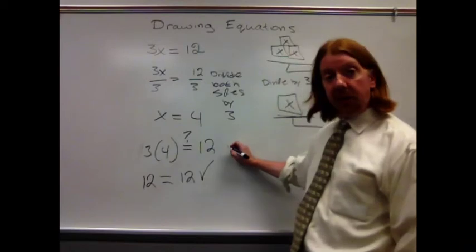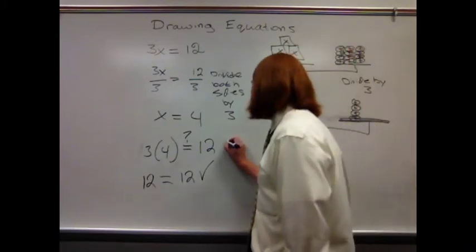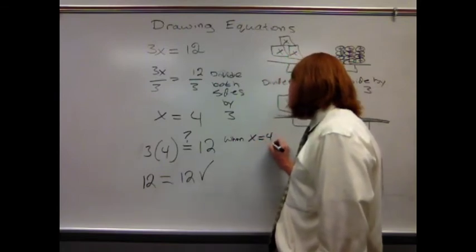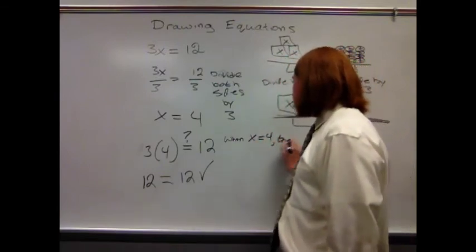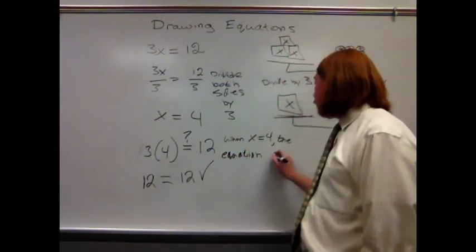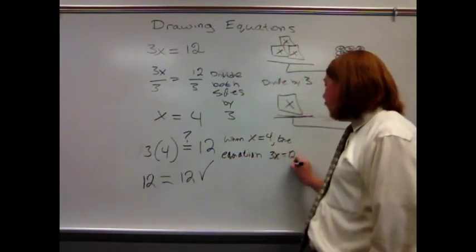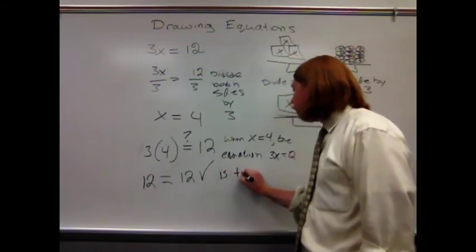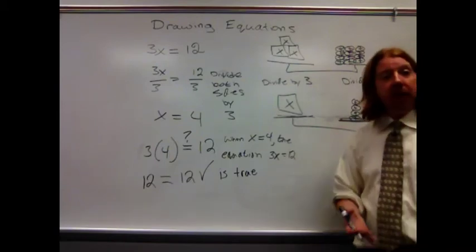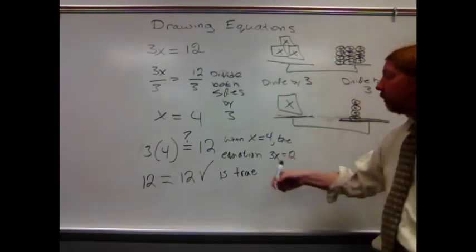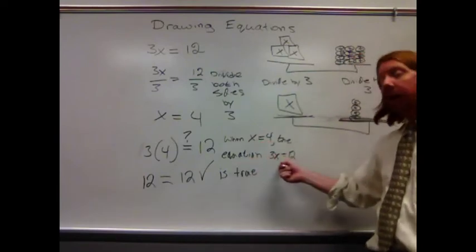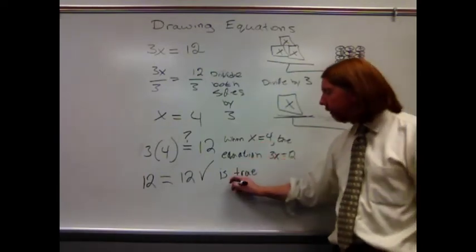So now in English, I'll go ahead and I'll write when x equals 4, the equation 3x equals 12 is true. Because that's what I'm trying to find, the value that makes this true. So when x equals 4, the equation 3x equals 12 is true.